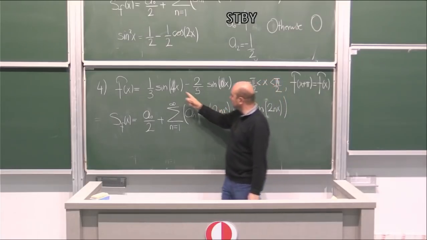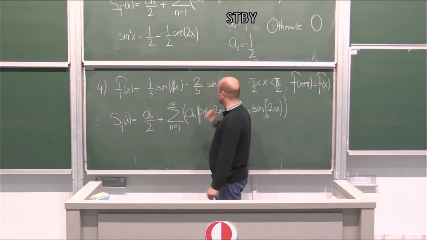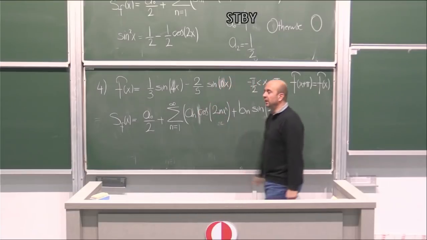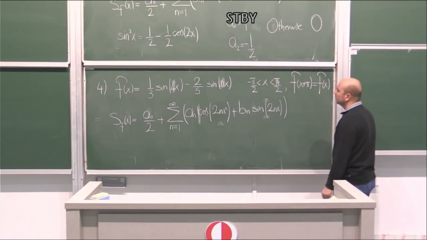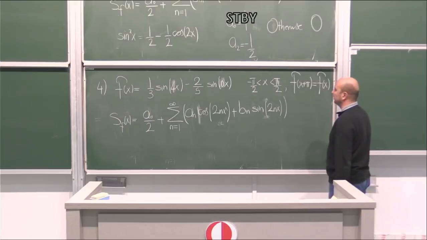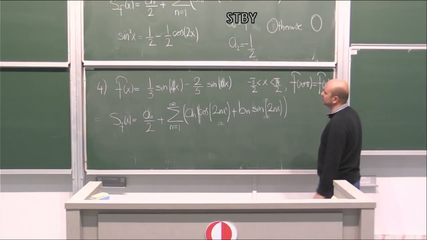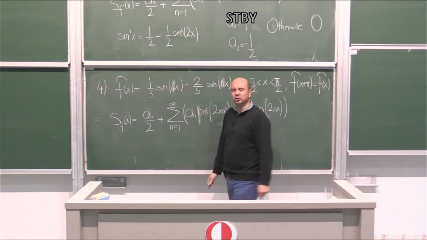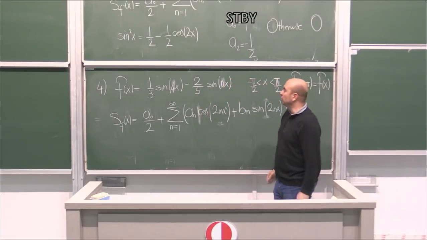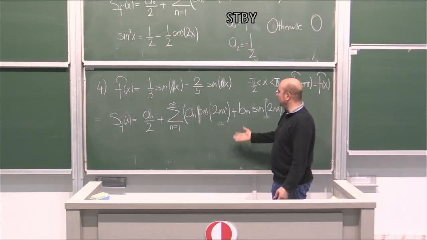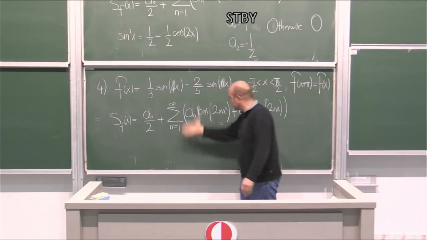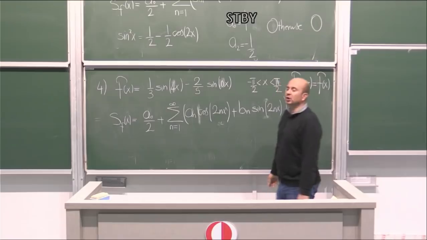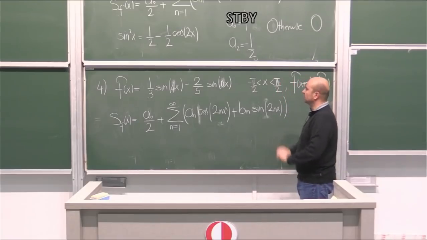So it means I can do some matching and find the coefficients without doing any computation. Furthermore, you can easily see the following: I have just a sine function, and sine is an odd function, so in the expansion we will not have any cosine terms. It will have just sine terms.